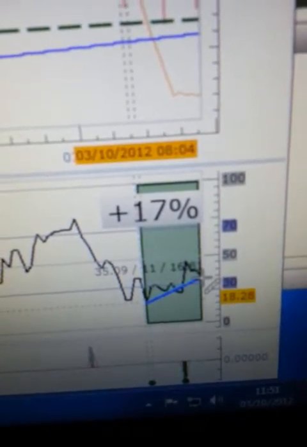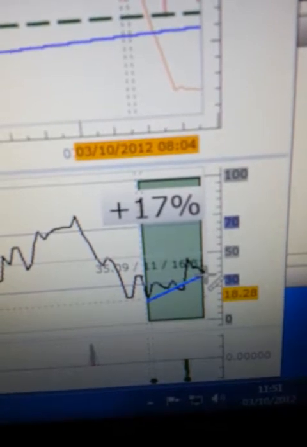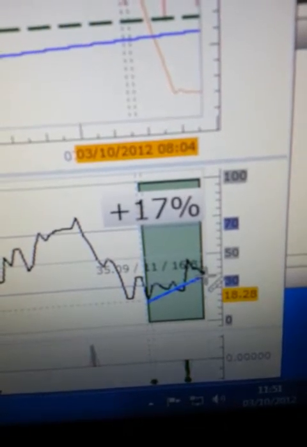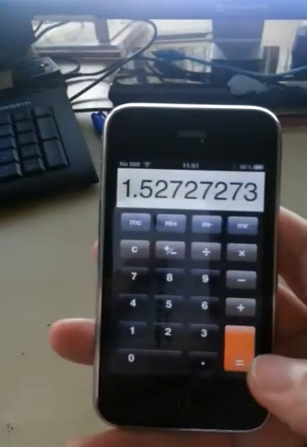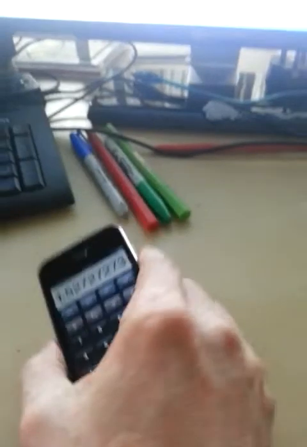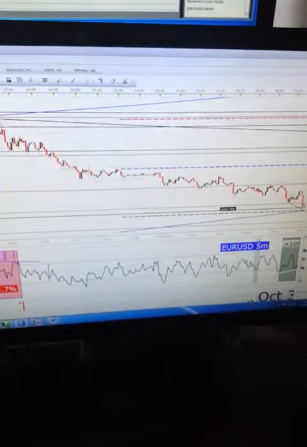So 16 divided by, say, 10 is 1.6. So call it 1.7. Well, let's work it out. 16.8 divided by 11. Oh, I'm sorry, I'm being a plum. 1.5 price deceleration.